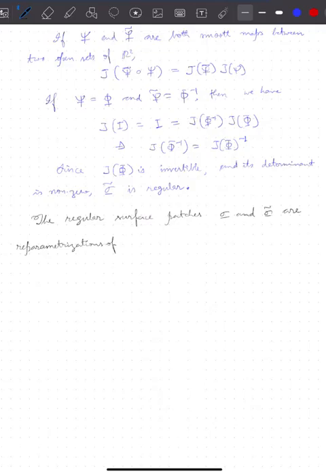But maybe a better way of saying it is that they are related such that sigma tilde is a reparameterization of sigma, and phi is the reparameterization map.